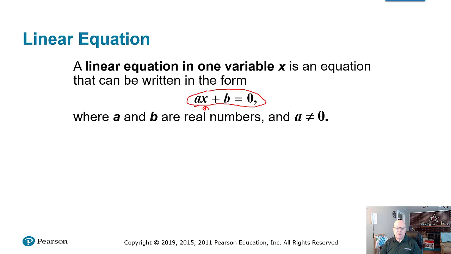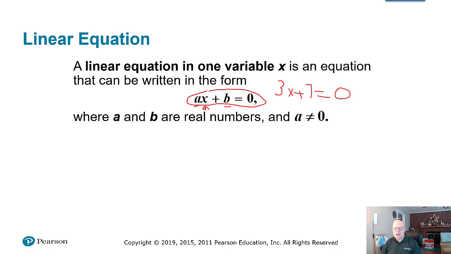The a and the b that you see here are placeholders for real numbers. For example, this might be 3x plus 7 equals 0. All right? Put in what numbers you like in particular examples.